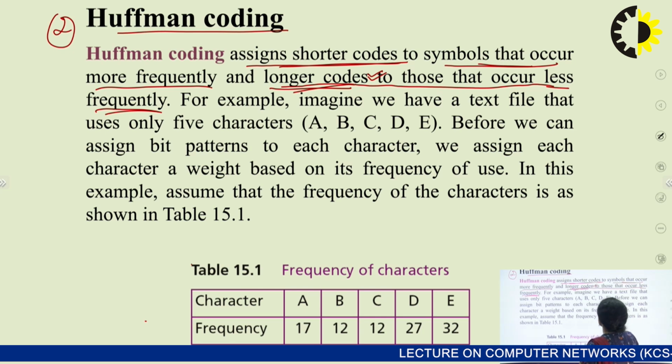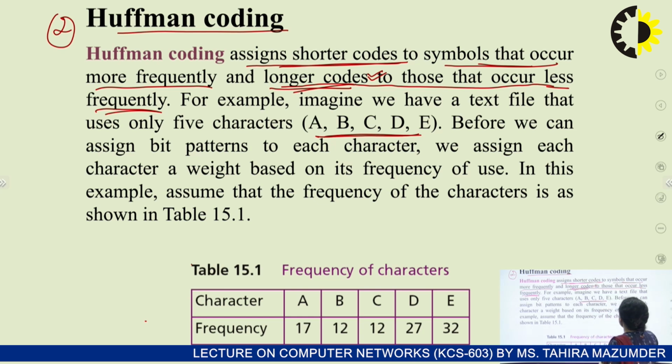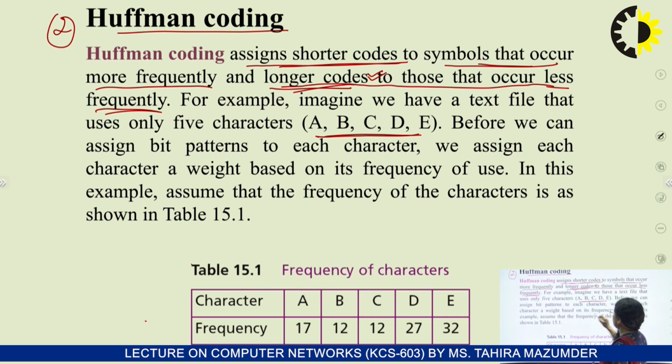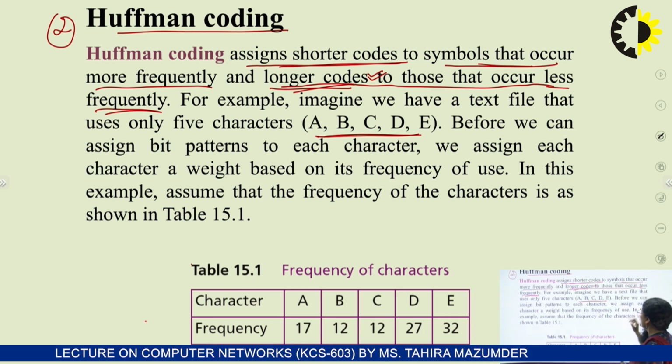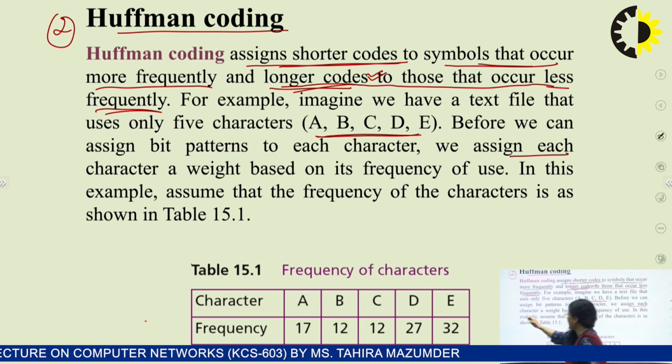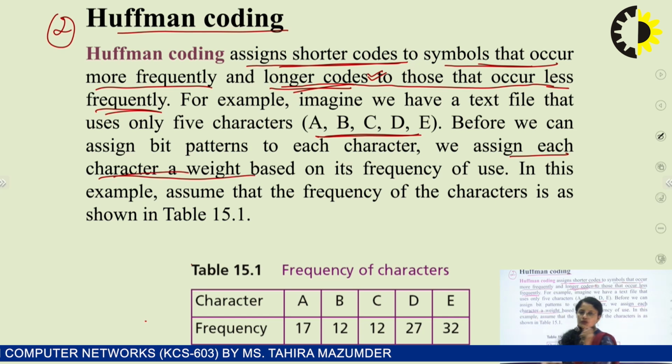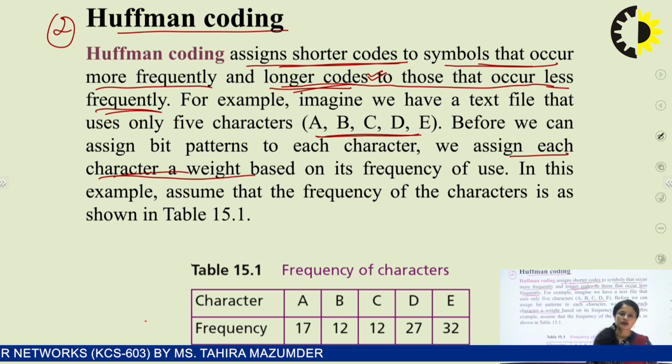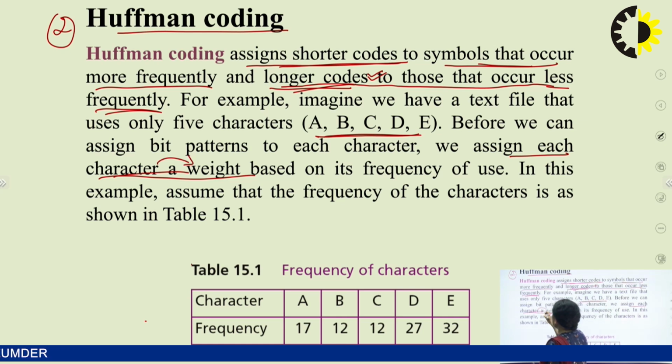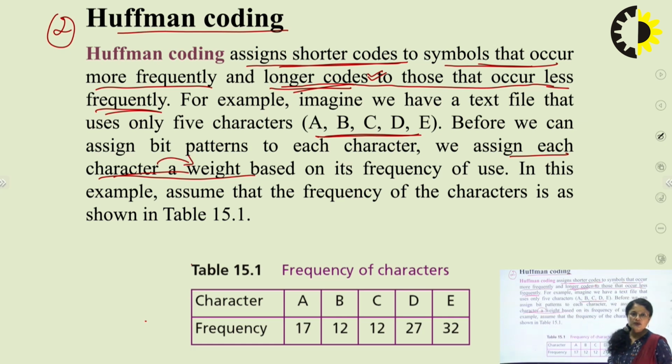For example, let us imagine that we have a text file where we are working on 5 characters, let us say A, B, C, D, and E. Before we assign the bit pattern to each character, we assign each character a weight. On what basis are we assigning the weight?